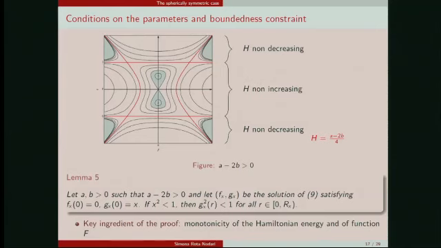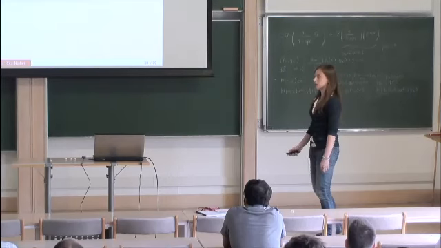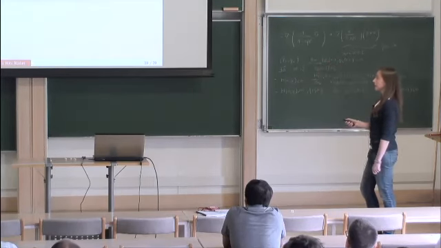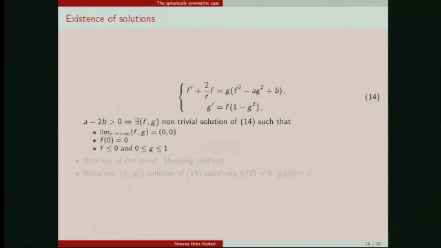And this gives a boundedness constraint on the initial value for the function g. Then it remains to show that this condition, A minus 2B bigger than 0, is a sufficient condition for the existence of a solution (f, j) with finite energy, and such that f(0) is equal to 0.